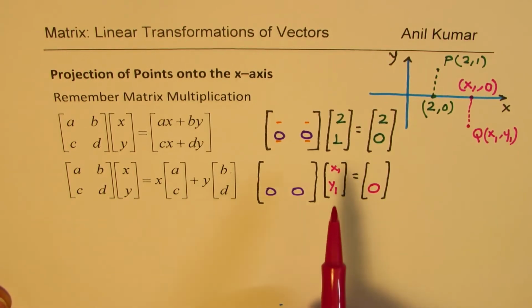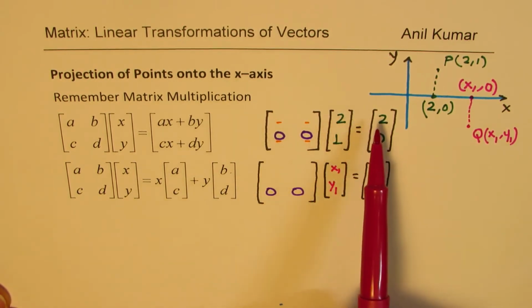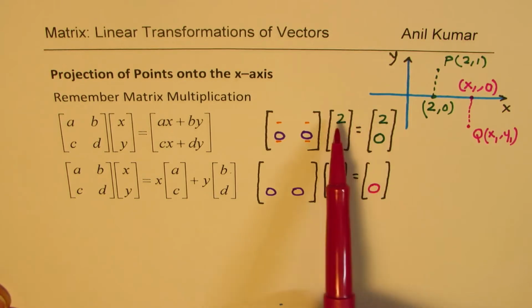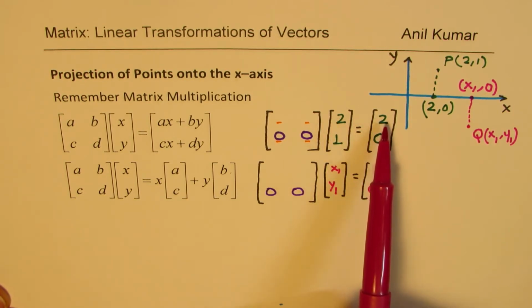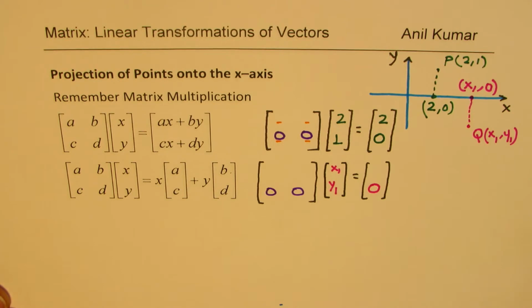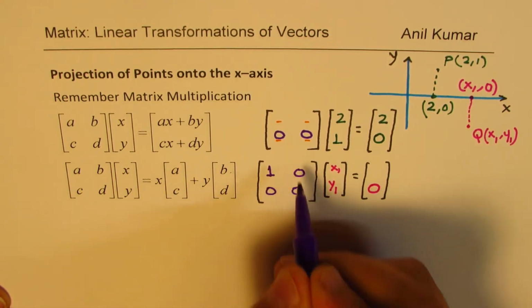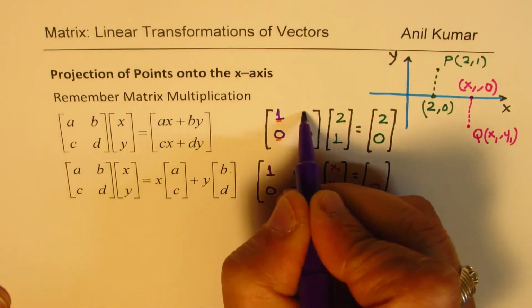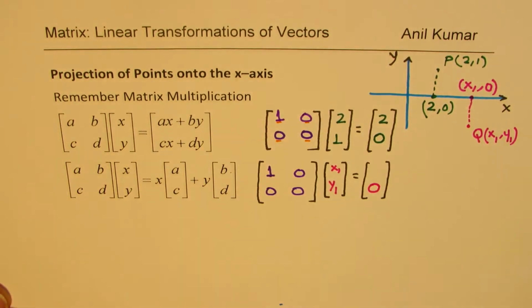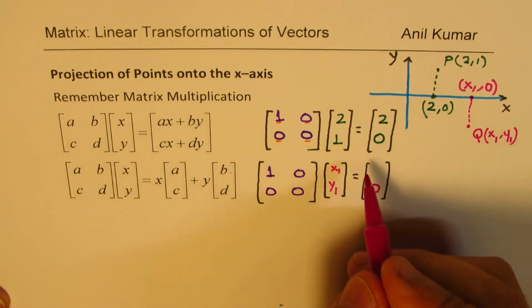Now identity of x is to be maintained. That is the key. 2 remains 2. So that gives me an option 1, 0. You get the idea? So the identity matrix helps us to get that idea. And as soon as we place 1 here, we do notice that both the equations are satisfied.